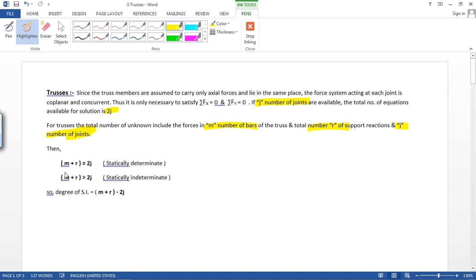Then if M plus R, that is member plus reaction, is equal to 2J, it is statically determinate. If M plus R is greater than 2J, then it is a statically indeterminate structure. So the degree of static indeterminacy is equal to M plus R minus 2J.